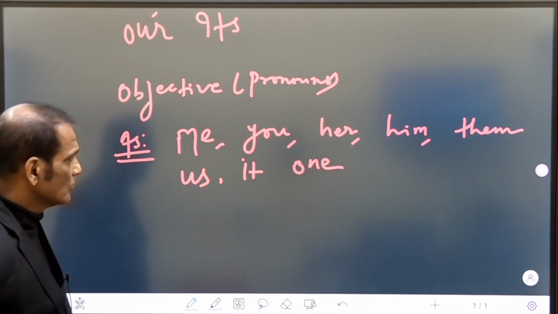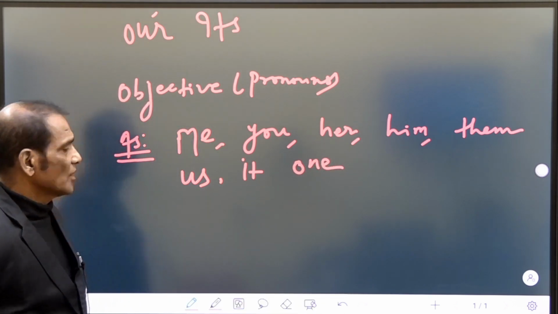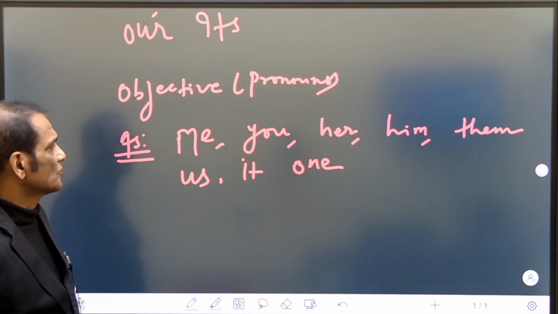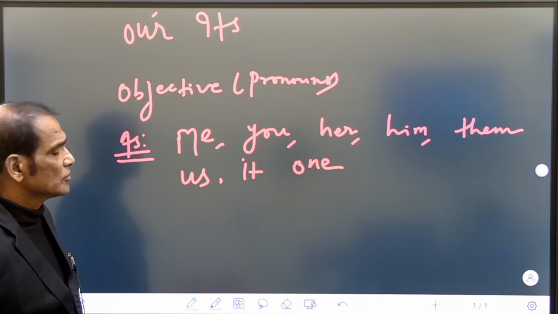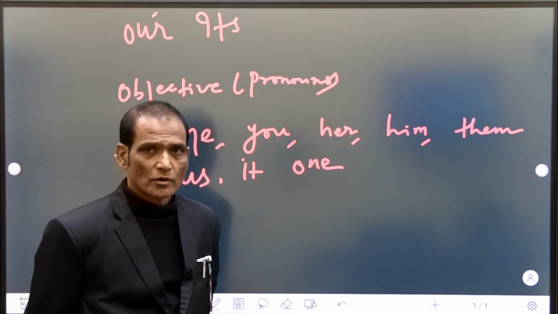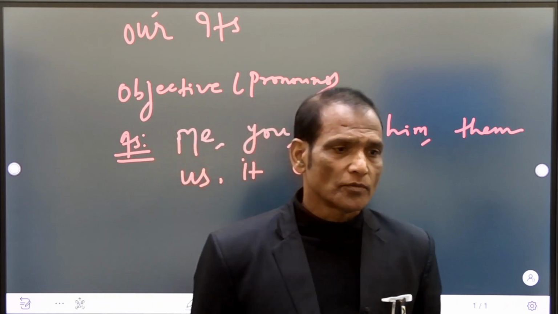This is called objective form of pronoun, because these forms of pronouns are used as object. So this is called objective form of pronoun.